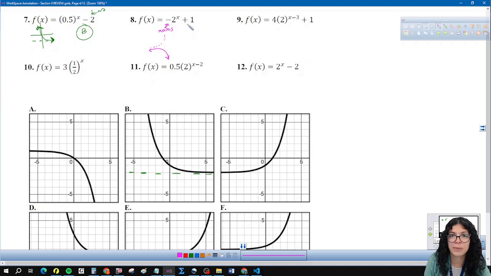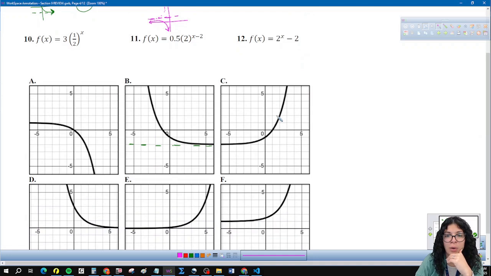And it's also being shifted up 1 unit, so the horizontal asymptote is not going to be on the x-axis, it's going to be up 1 unit. So this horizontal asymptote will actually be at y equals 1 since we are shifting it up 1 unit.